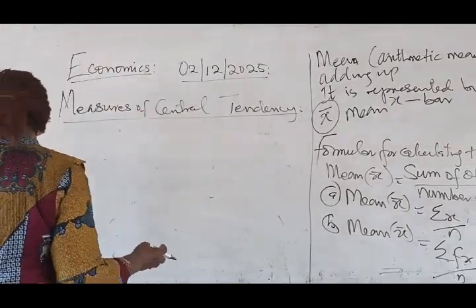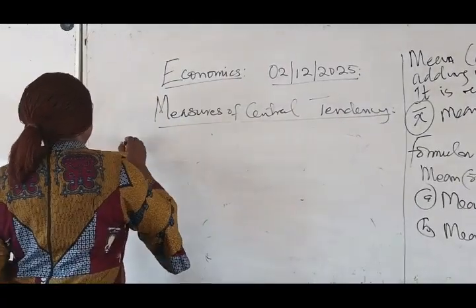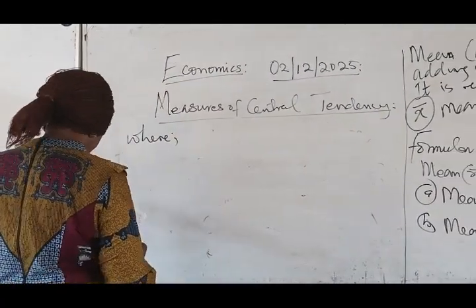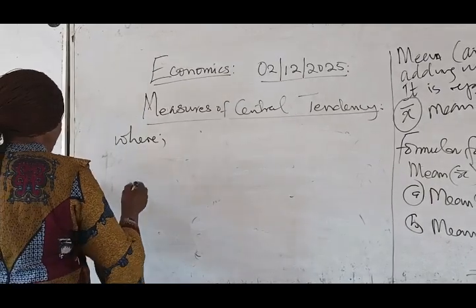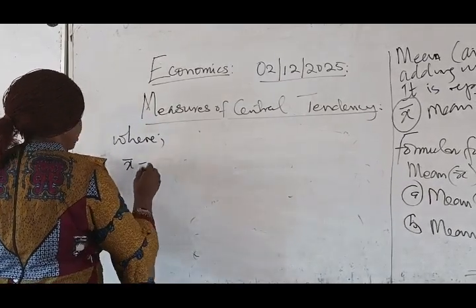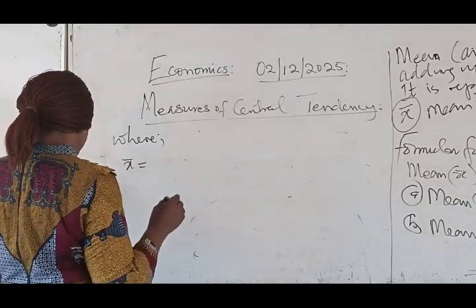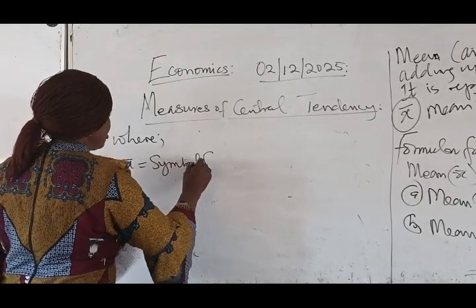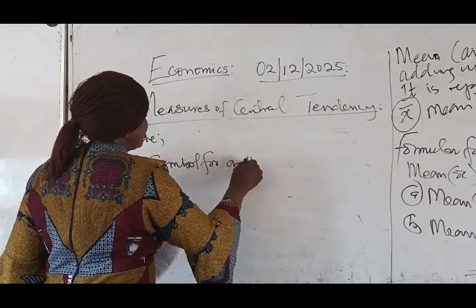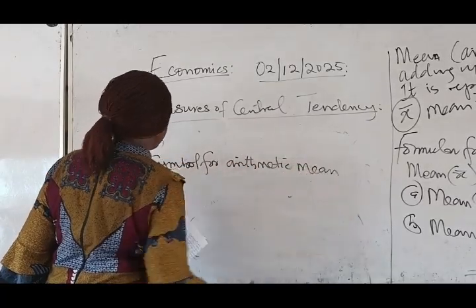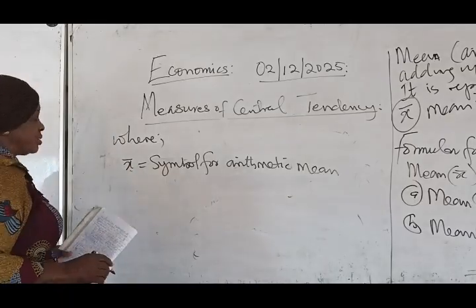I'm going to simplify everything in that formula. Where X bar stands for what? Symbol for arithmetic mean. That's the meaning of this.